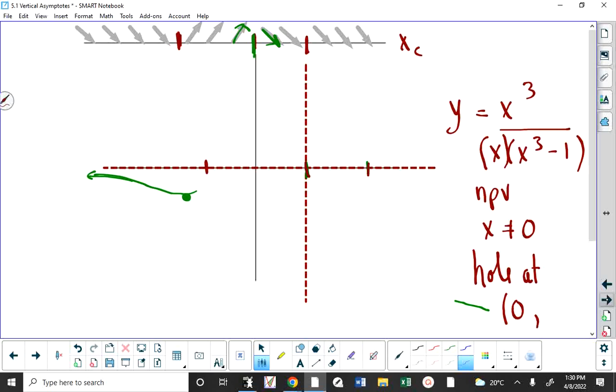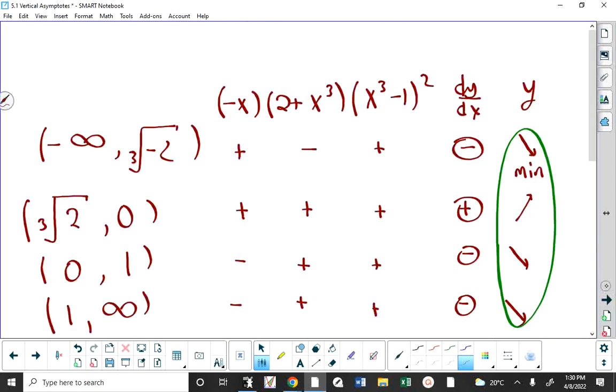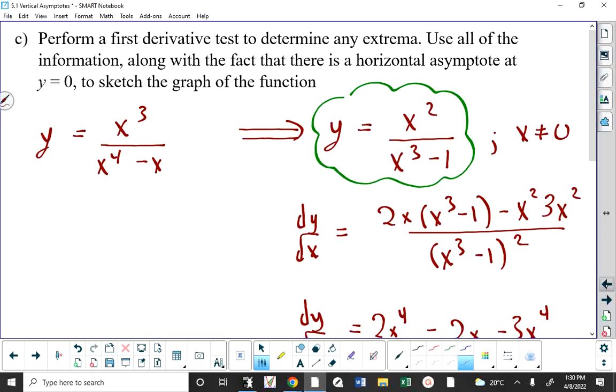But how do we find the y coordinate of the hole? Does anybody remember that? Yeah, Makai. Right. Put it into the function, and this is going to seem weird, but it works. You see this thing right here? Right there, see it says x is not equal to 0? Too bad. We're going to put x equals 0 in anyway to find the y coordinate that's not allowed to be there.